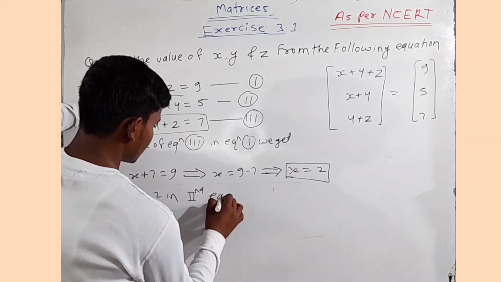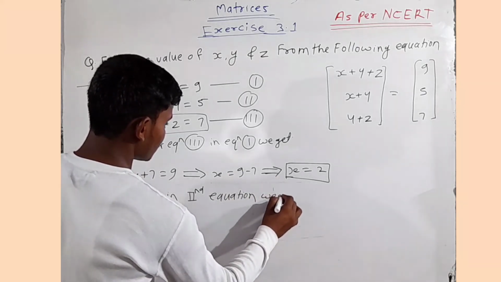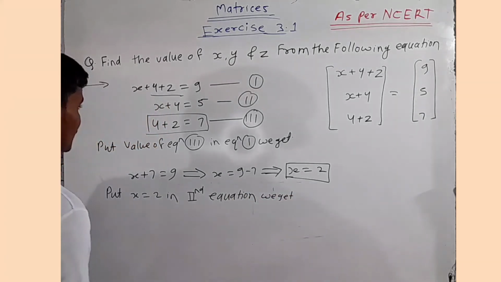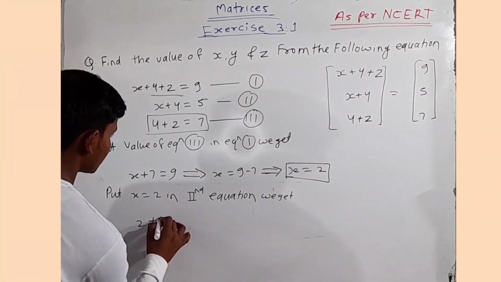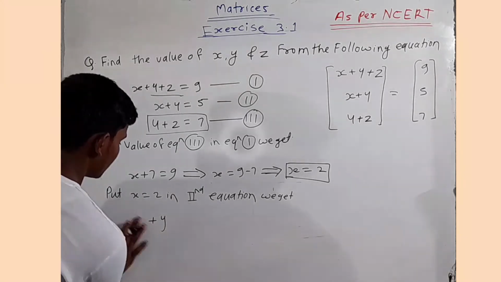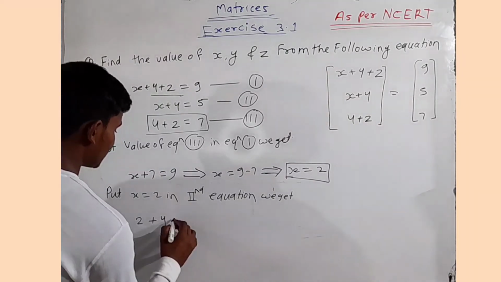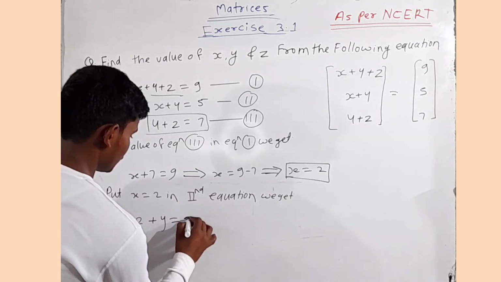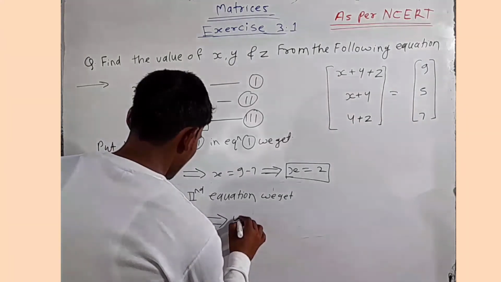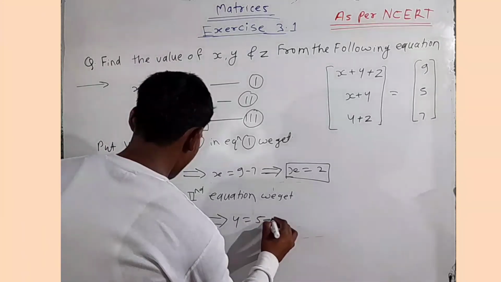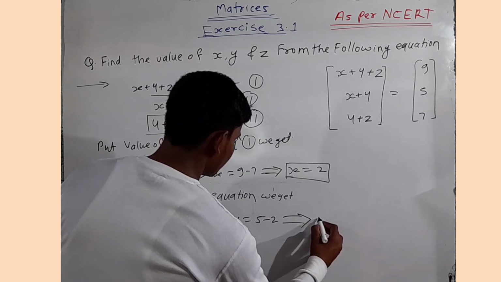We get 2 plus y equals 5. Then y equals 5 minus 2, which equals 3.